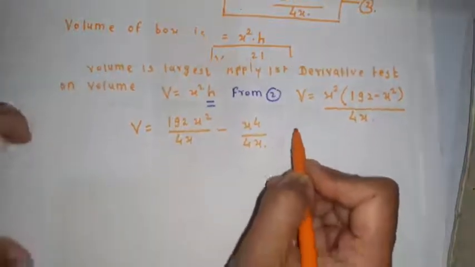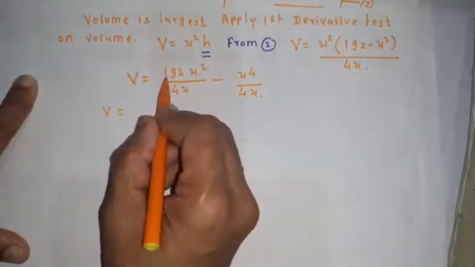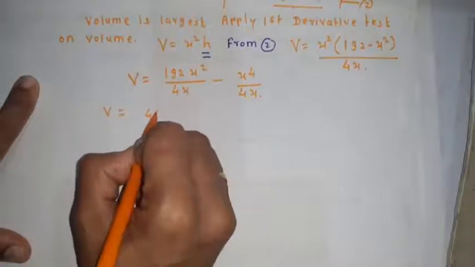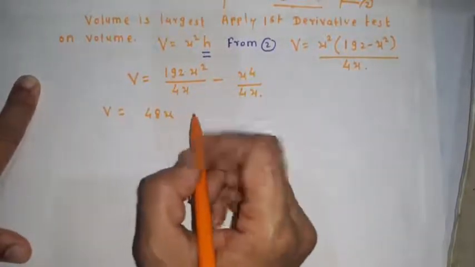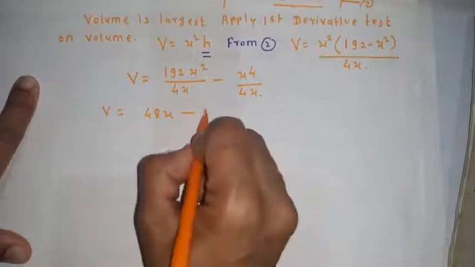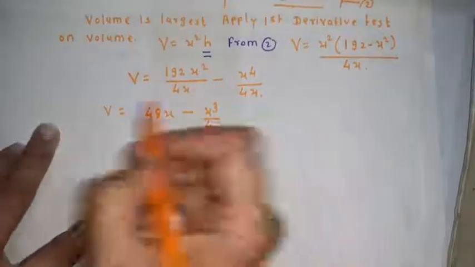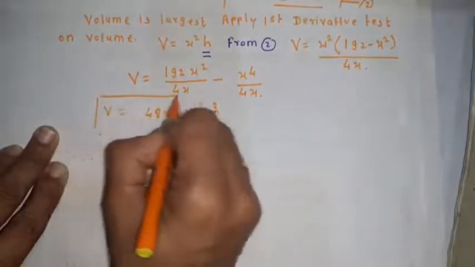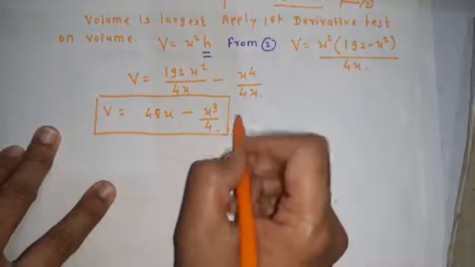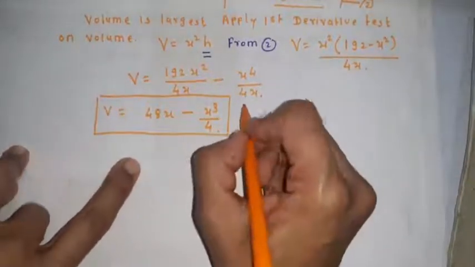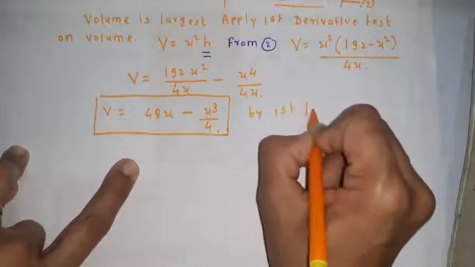And hence the volume is 48x, that is x get cancelled, 192 upon 4 is 48, and minus x raised to 3 upon 4. This is the volume.